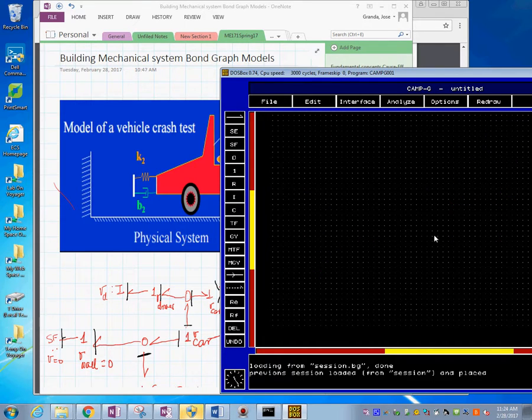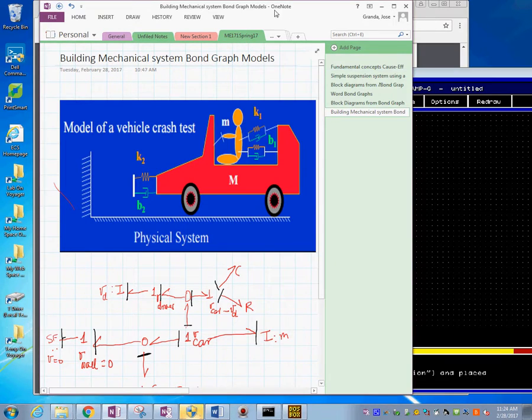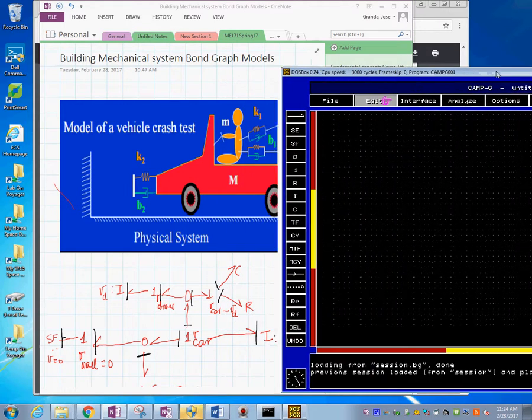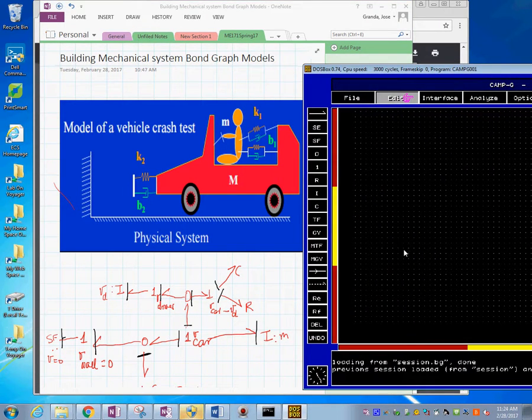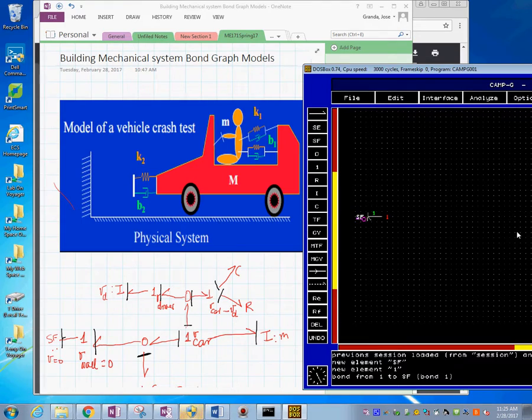Yeah, and having the bond graph on the left hand side, we can very easily do that right here. So SF like this, and then you can enter any order you want, as long as you keep the direction of these arrows the way that they should. So you can enter it like this.